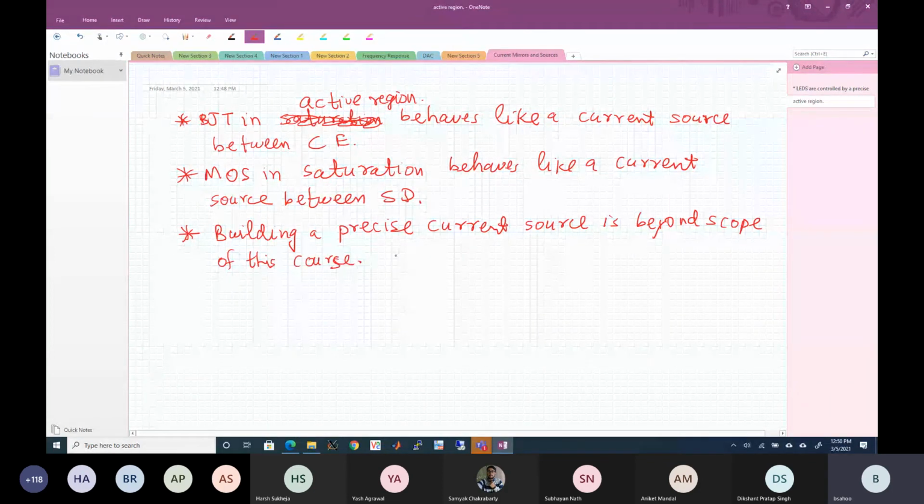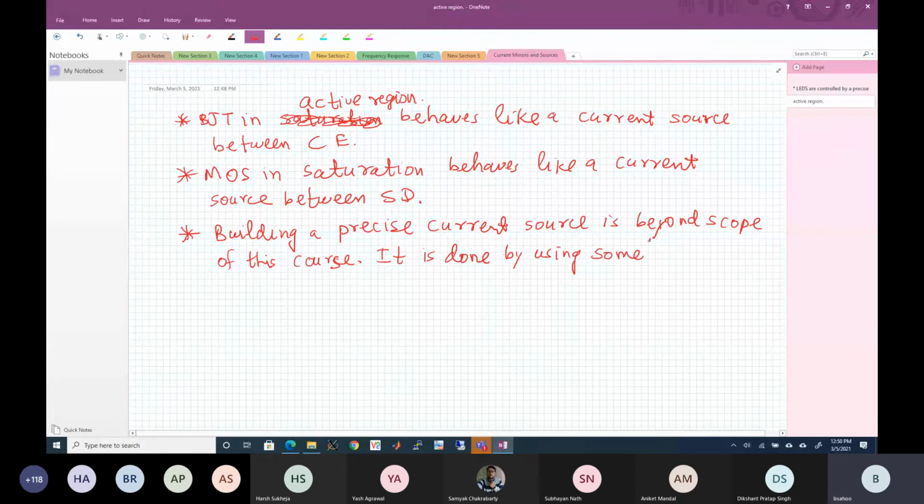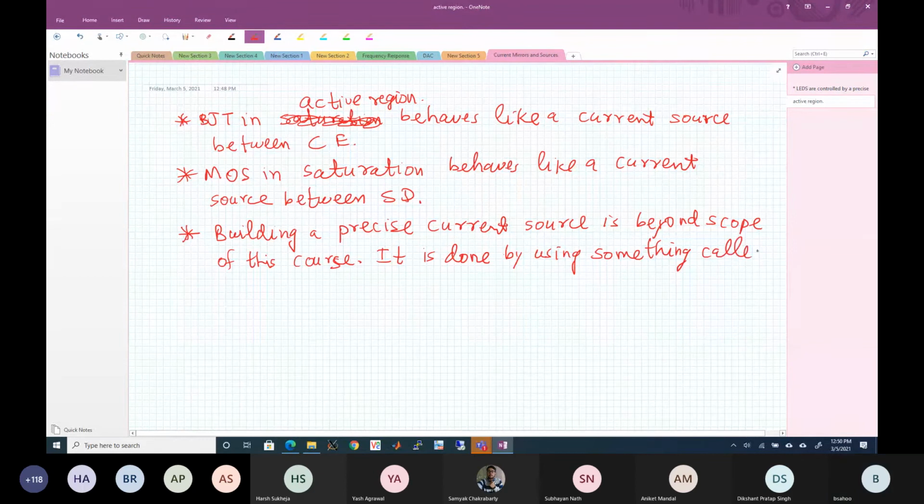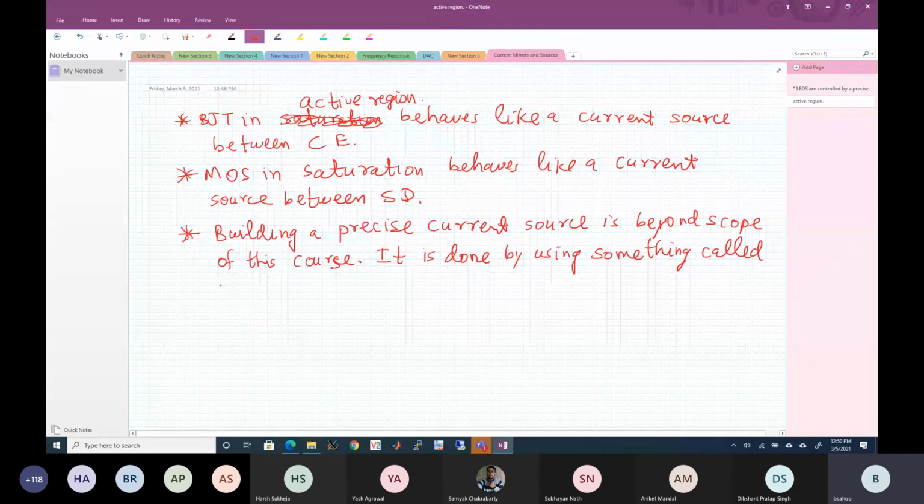It is done by using something called a band gap reference. That will be taught in your 4th year. If there is an analog VLSI course, you can take that course on how to design a precise band gap reference.